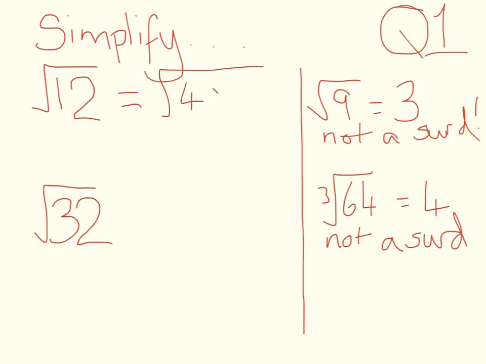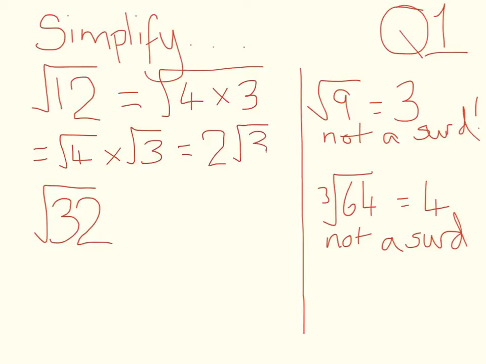And to get 12, we have to multiply 4 by 3. Now, if we split that up into two surds, I've got square root 4 times square root 3. And you should know that square root 4 is 2. And so I've got 2 square root 3 as my answer.